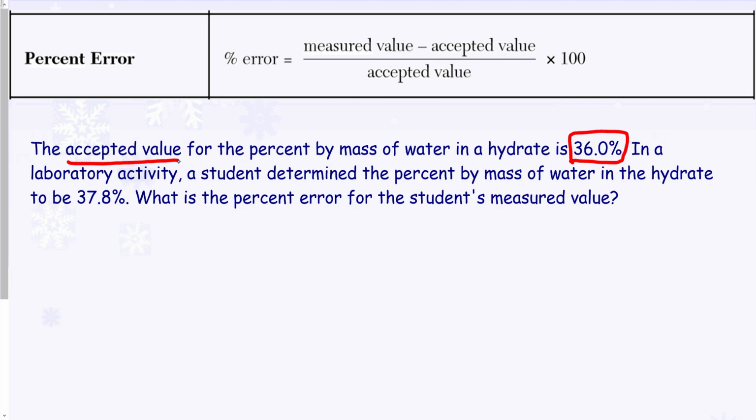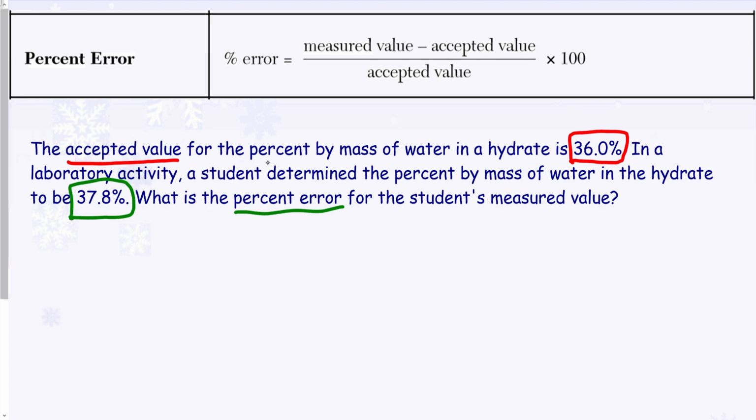Then I can highlight another number, which is 37.8%. So obviously use your logical reasoning. If the first number is accepted value and you're doing a percent error calculation, because everywhere you can see percent error, right? The word percent and the word error. So obviously that 37.8 has to be your measured value.